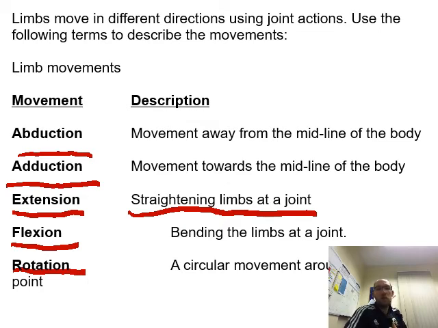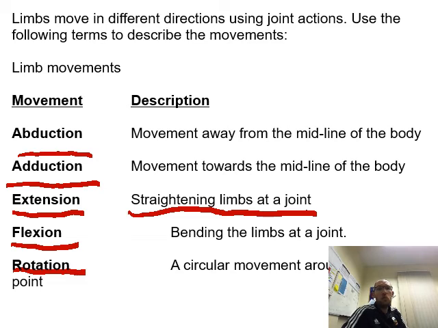These are the key points, and what will be asked is, a question could be something like, as a runner brings his leg back at the knee, what type of movement is made. If you bend your arm up, you're flexing it. If you're moving your leg back at the knee, we're flexing it. So, flexion. We'll quickly talk through each one.